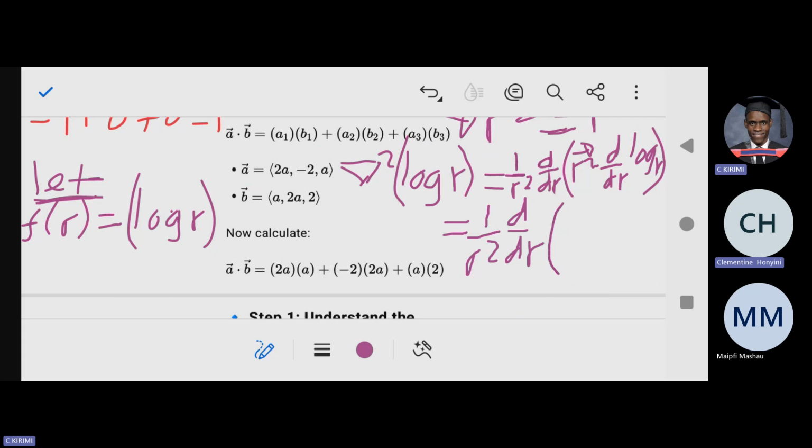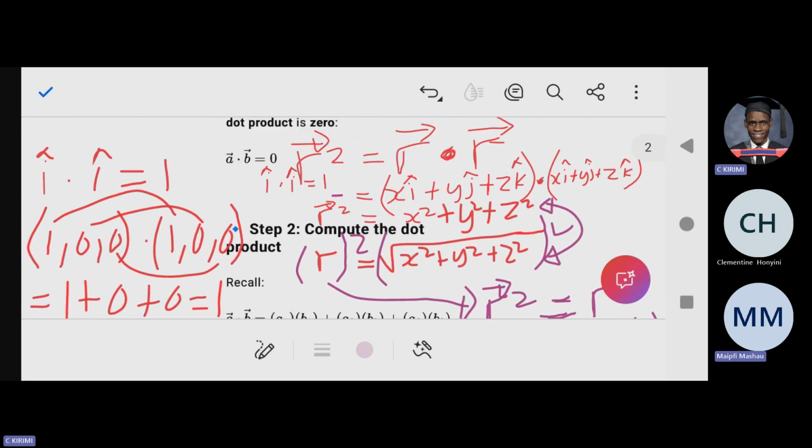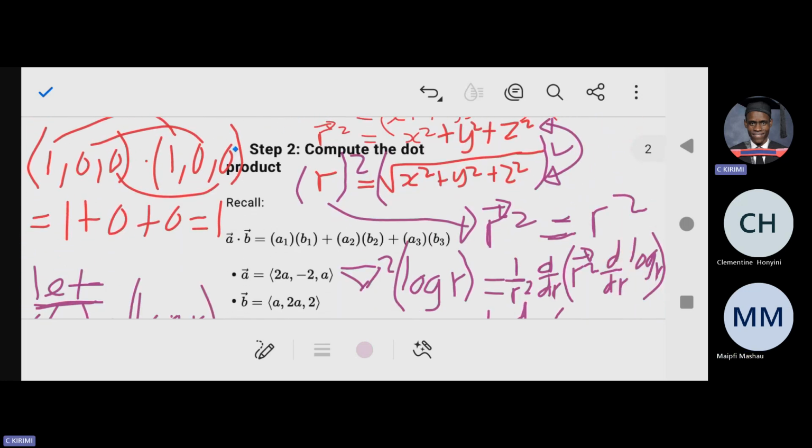But what was r squared equal to? What did we conclude about r squared? r squared is equal to r squared of a scalar. This is what we concluded from this step: that r squared as a vector is equal to r squared of a scalar by dot product.